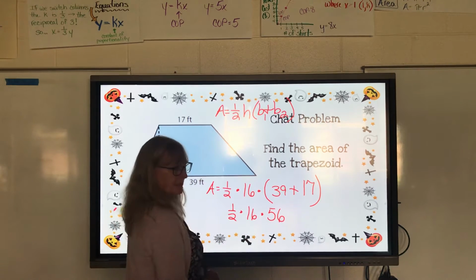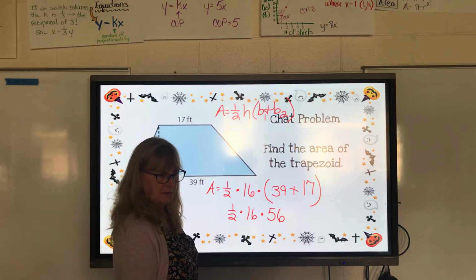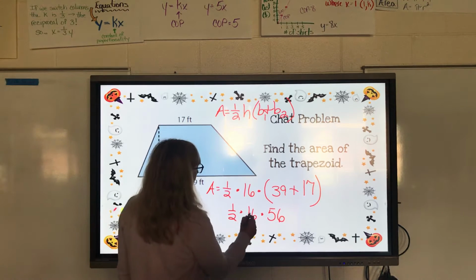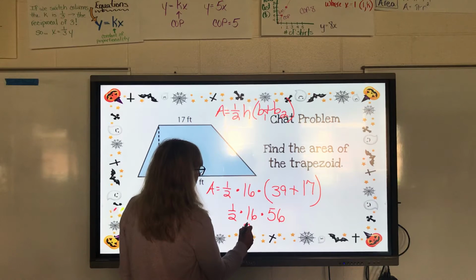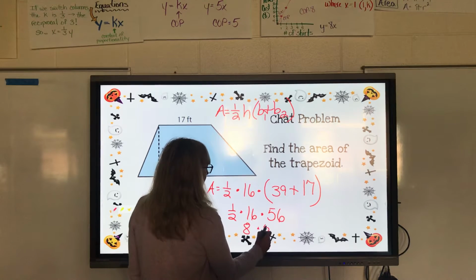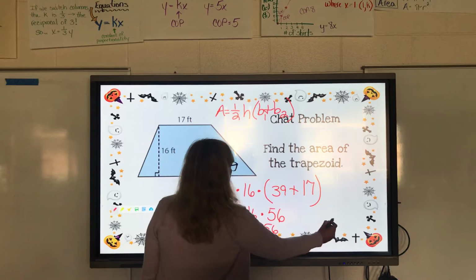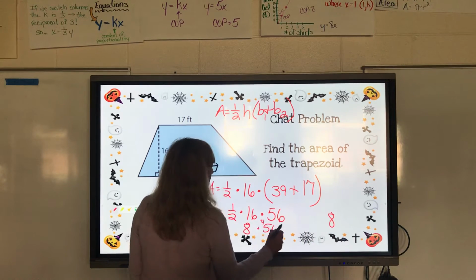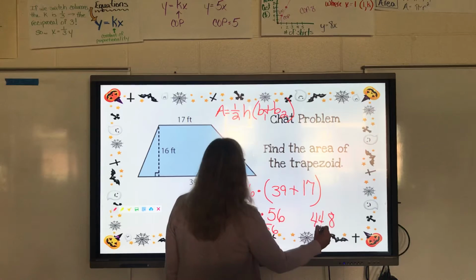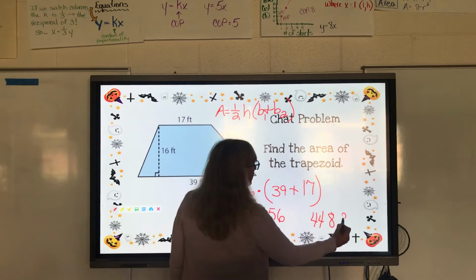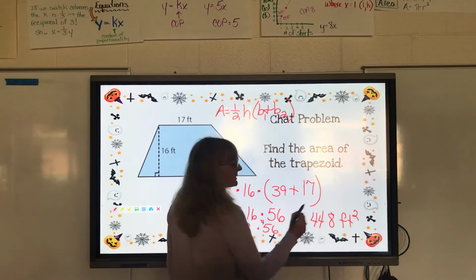Half of 16 is 8. 8 times 56. 8 times 6 is 48. Carry the 4. So we've got 448 feet squared.